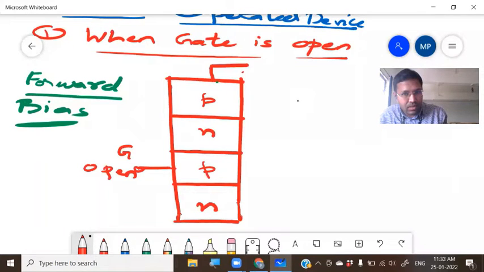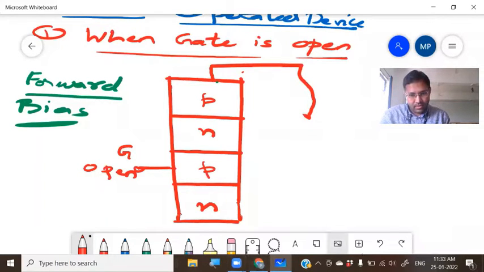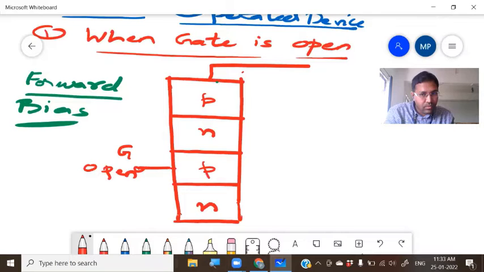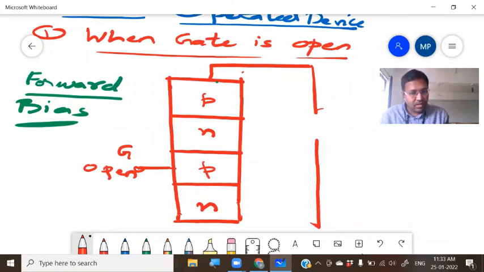So here we will connect the P side to positive.